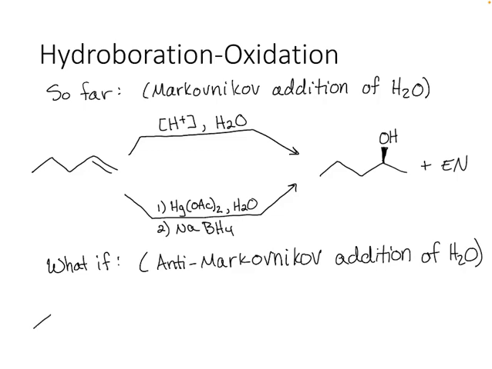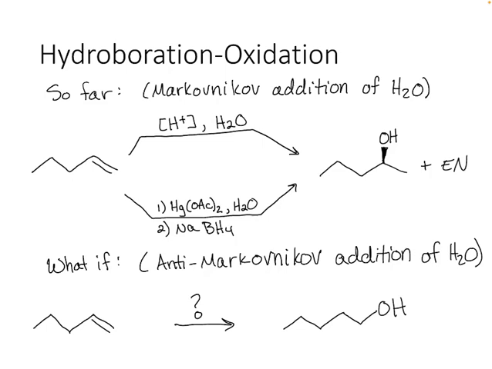So what if we want to take that same alkene and we want to form this alcohol where the OH group is on the very end? How do we do that? Well, we're going to use hydroboration oxidation.